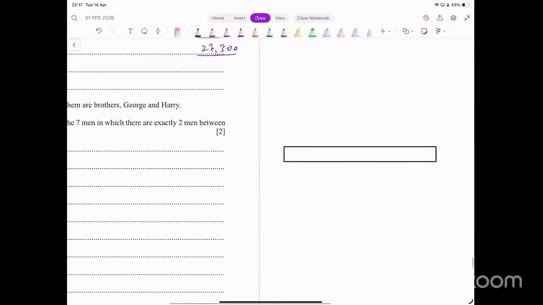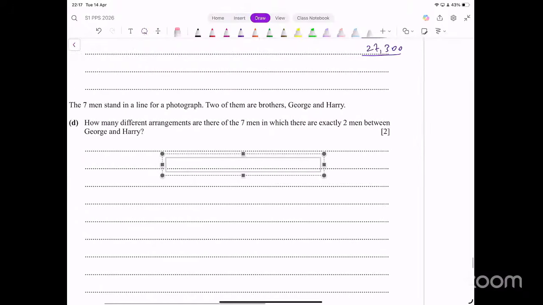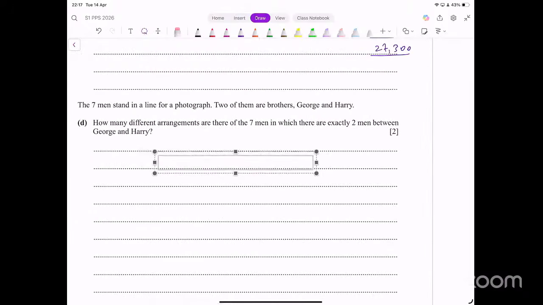How do we approach this? We've got 7 men in total. Let's make 7 boxes for that. There are exactly 2 men between George and Harry, so we can make a big box that has 4 small boxes inside, like this.